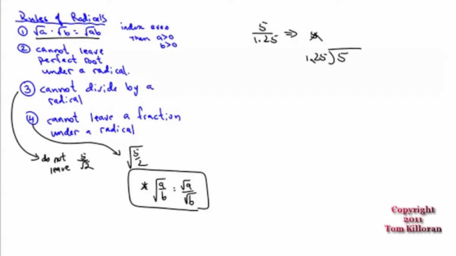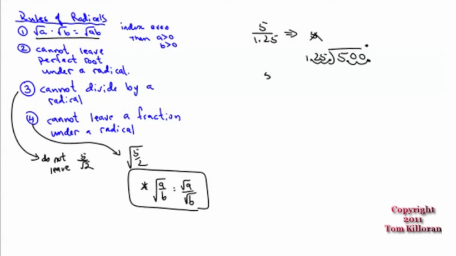And you take this decimal and you move it over twice. That would make that 125. But if you multiply this one by 100, you also have to multiply this one by 100 to balance it off. So you move the decimal place over twice, move it up top, and you go 0, 0. So then instead of 1.25 going into 5, it would be 125 going into 500. How many times does it go in? 4. It goes in 4 times.